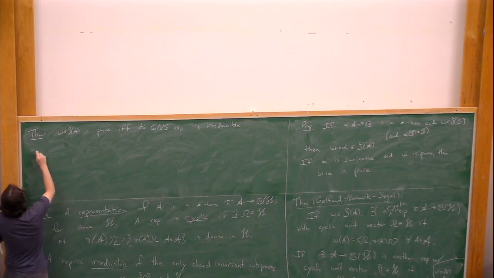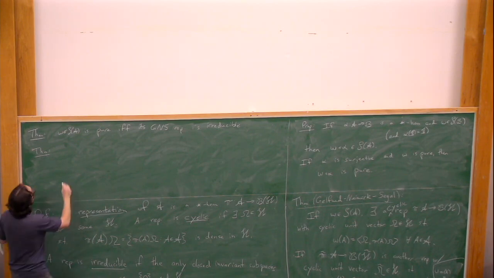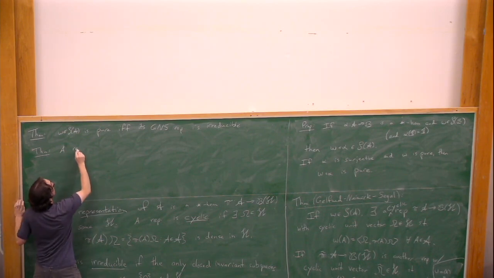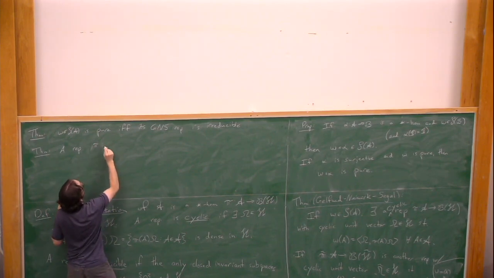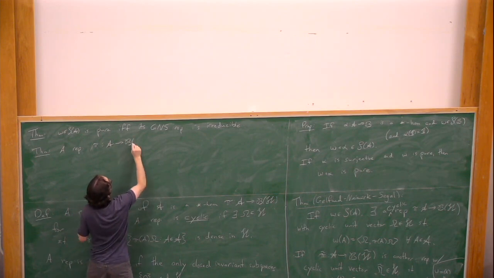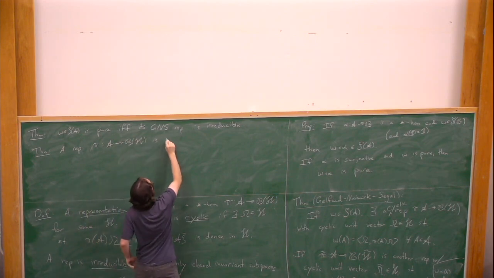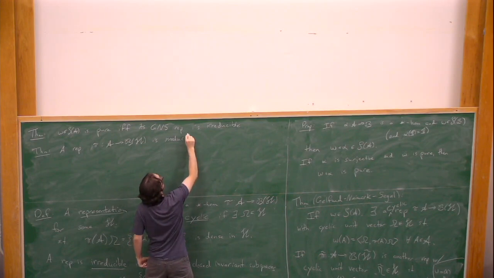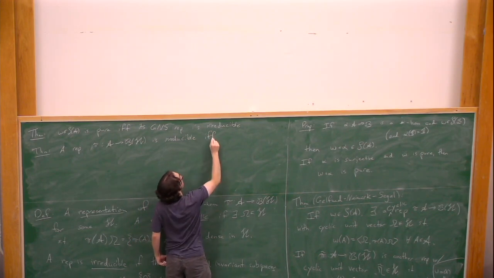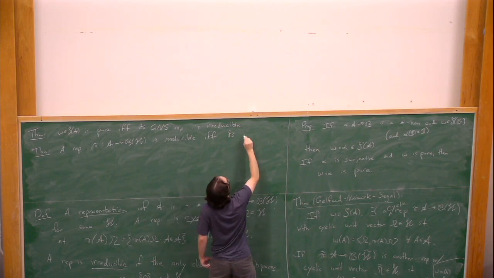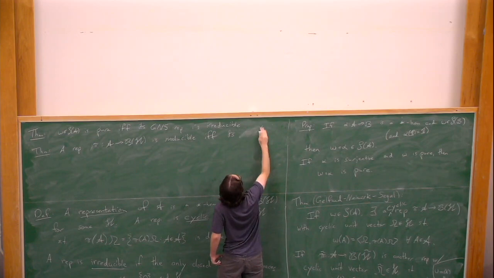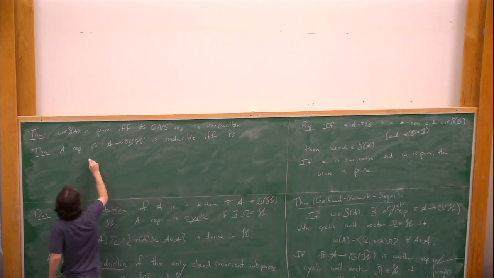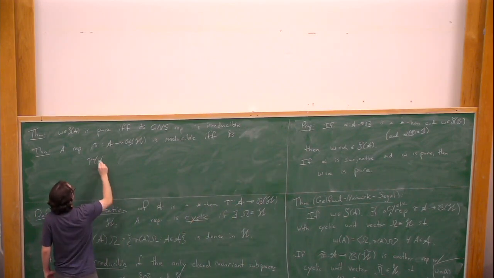And there's another important result which I'll tell you about that can also detect irreducibility. A representation pi is irreducible if and only if its commutant is trivial. This is denoted pi of A prime.